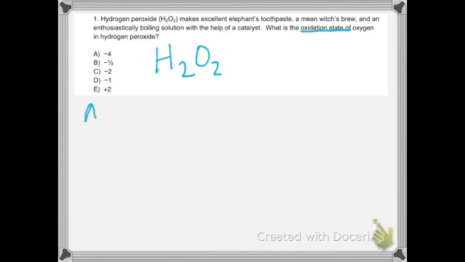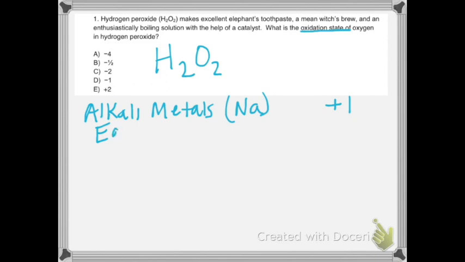So we know that the alkali metals, which are things like sodium and everything else in its column on the periodic table, have an oxidation state of +1. The alkali earth metals, like magnesium, calcium, etc., have a suggested oxidation state of +2.